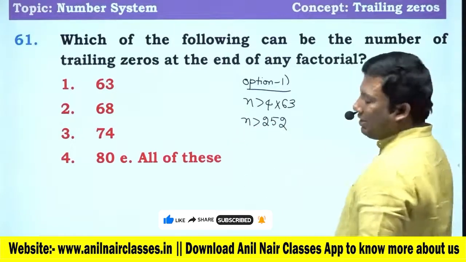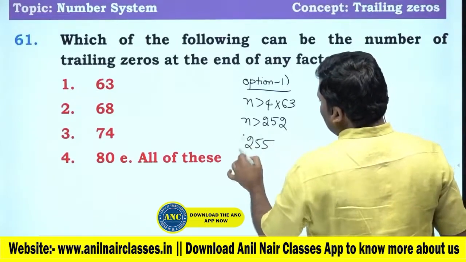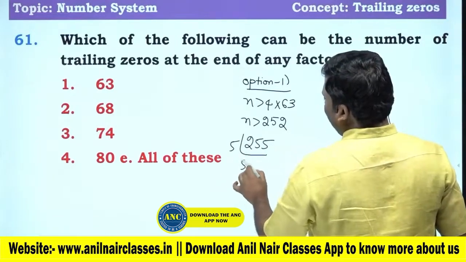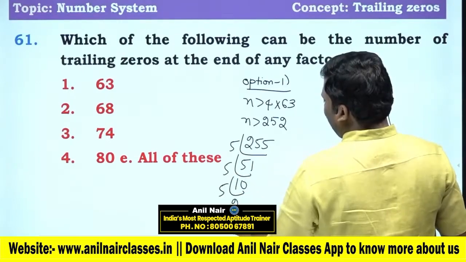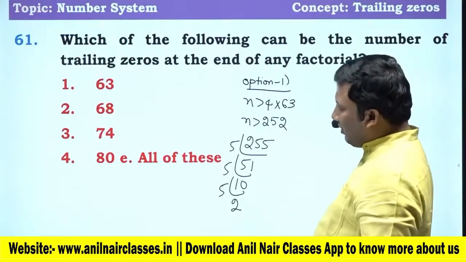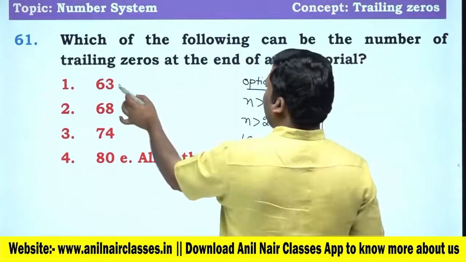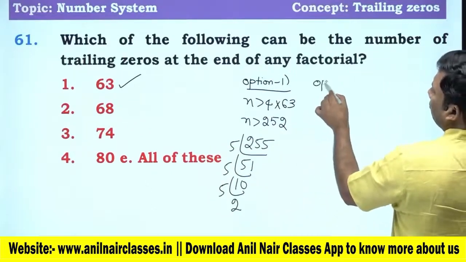What is the multiple of 5 greater than 252? 255: 5 51s are, 5 10s are, and 5 2s are. 51 plus 10, 61 plus 2, 63. It is possible.